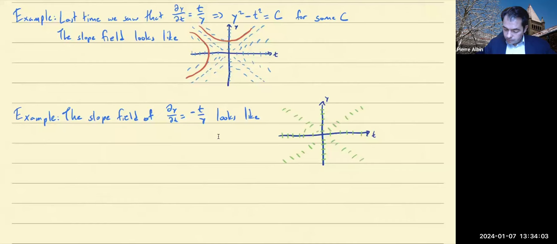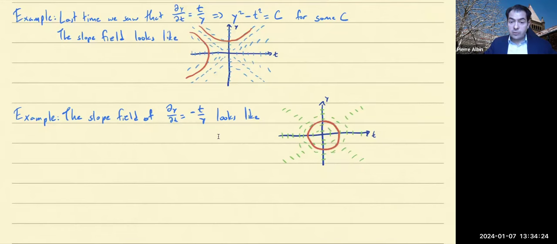Then you could fill in, interpolating in between. And so we see here that the solution curves look like they're going to be circles.